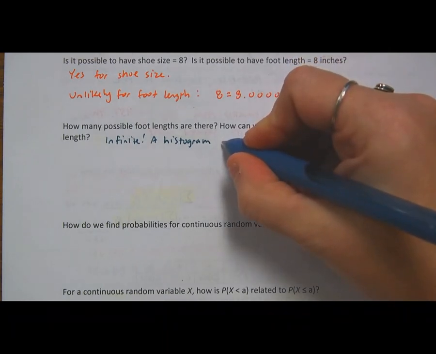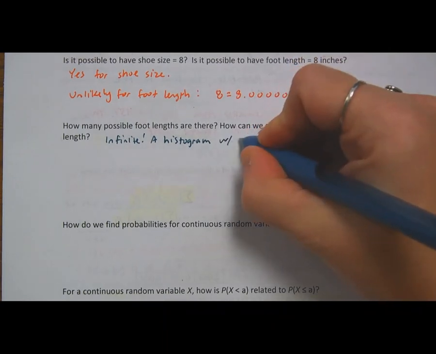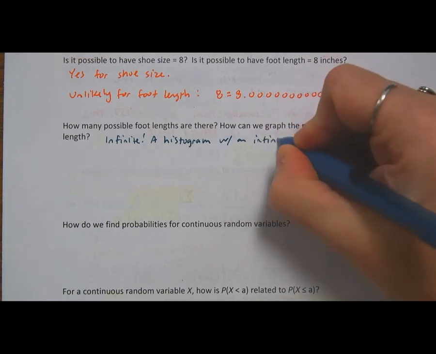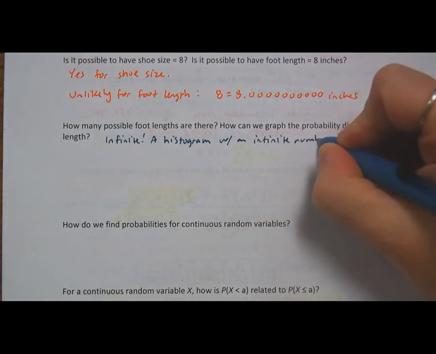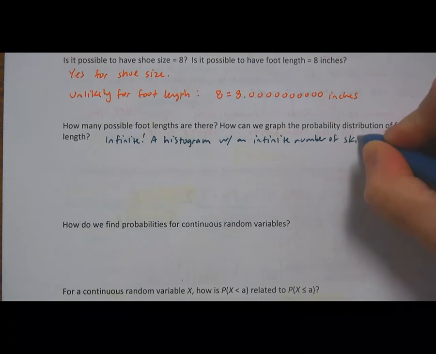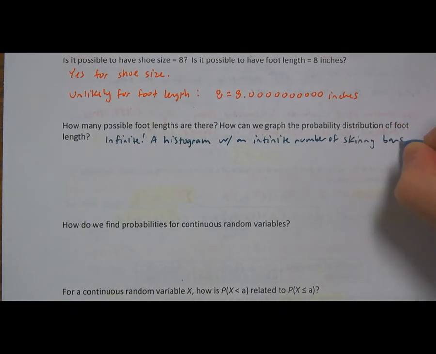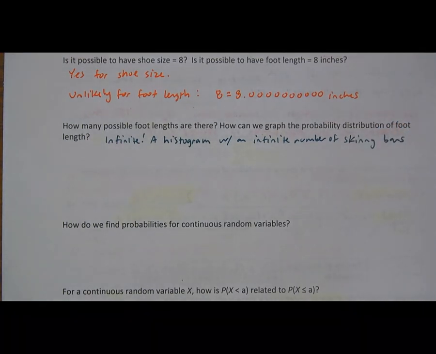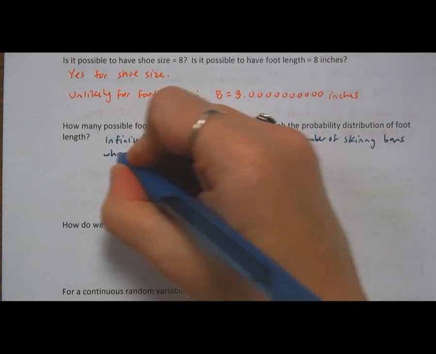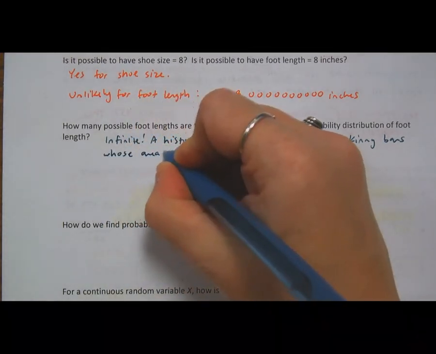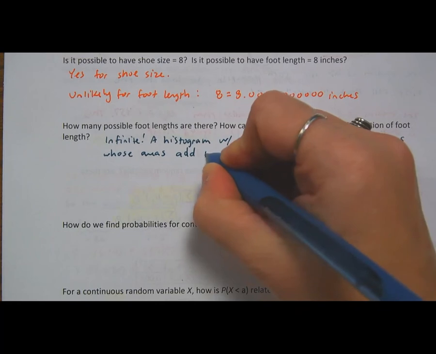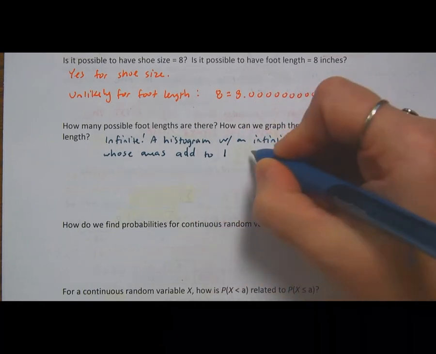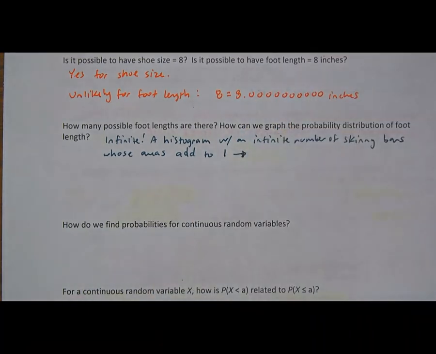A histogram with an infinite number of skinny bars whose areas add to 1. And what that's going to create, I'll show you a picture, is a density curve.